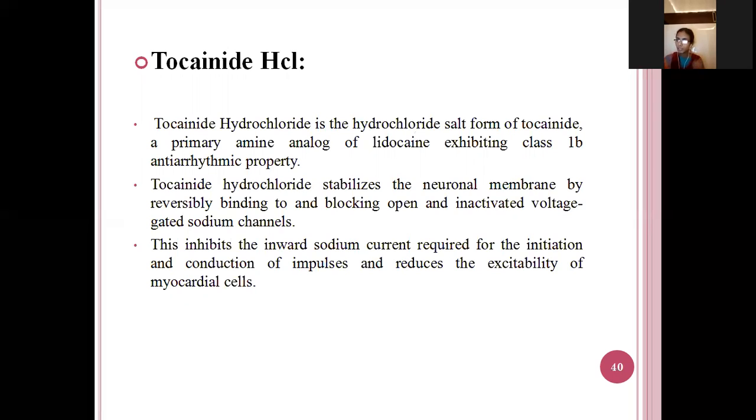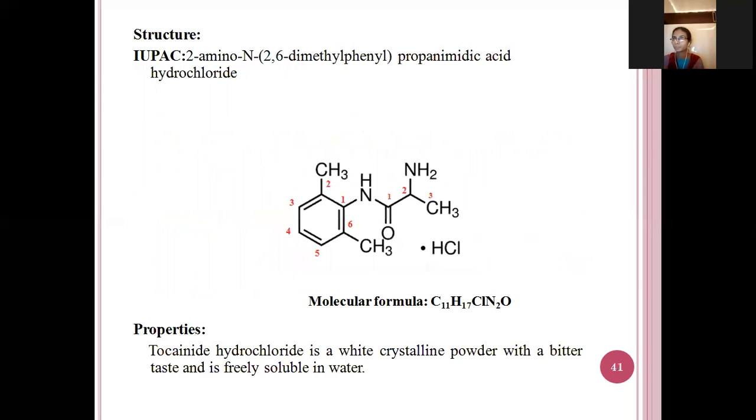So it inhibits the inward sodium current required for the initiation and conduction of the impulse, and reduces the excitability of myocardial cells.